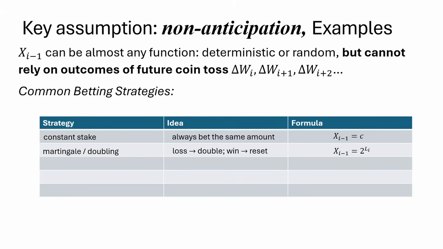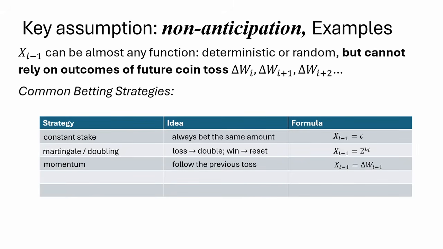So in the next round, you double the stake to $2. And if you still lose, you double it to $4, and so on. So the formula for x(i-1) in this case is 2 raised to the power of Li, where Li is the length of the losing streak. So xi only depends on the latest consecutive number of losses. It does not depend on the future.